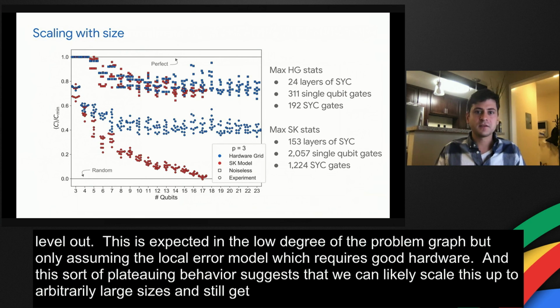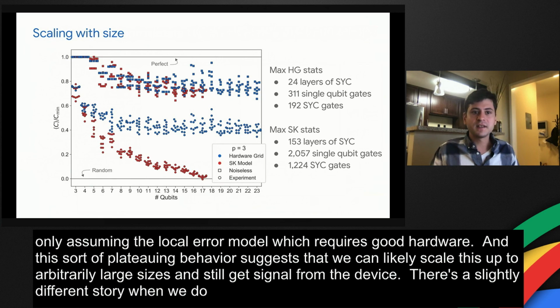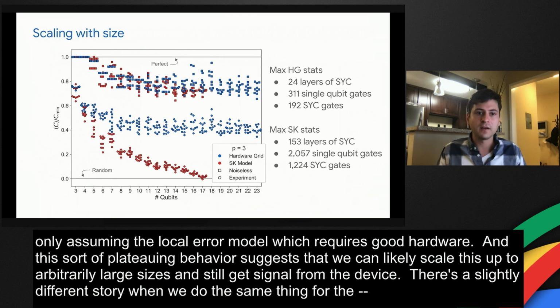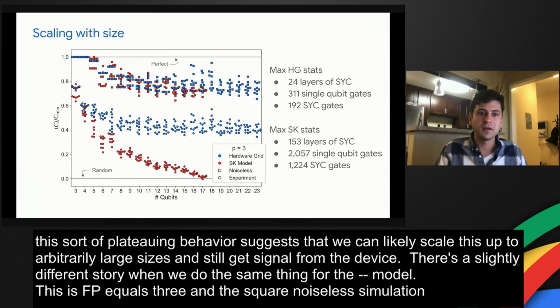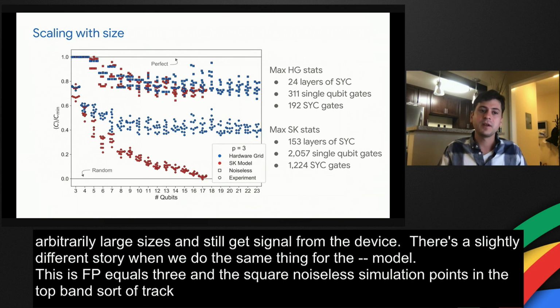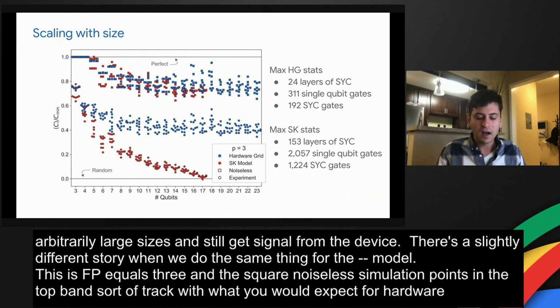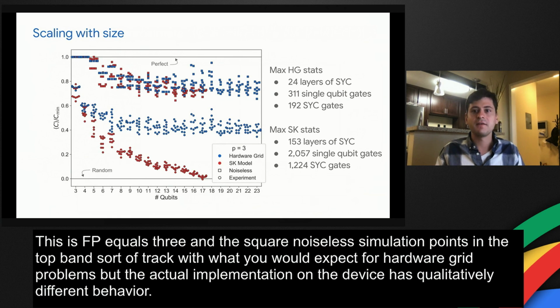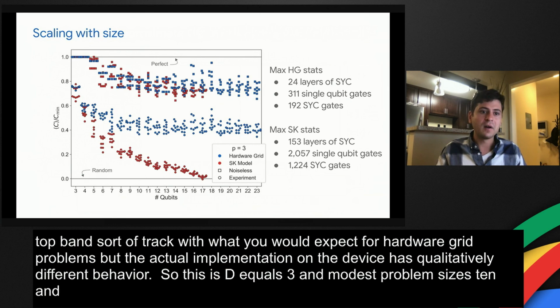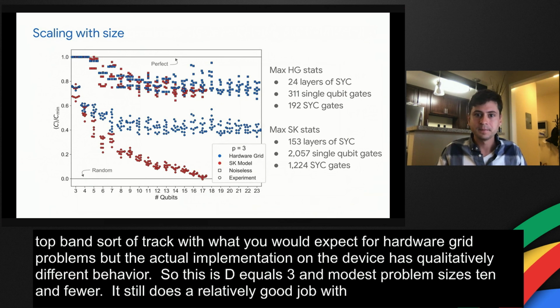There's a slightly different story when we do the same thing for the Sherrington-Kirkpatrick model. This is at p equals 3, and the square noiseless simulation points in the top band sort of track with what you'd expect for hardware grid problems, but the actual implementation on the device has qualitatively different behavior. At modest problem sizes, sort of 10 and fewer, it still does a relatively good job, with definite signal in the performance of the device.